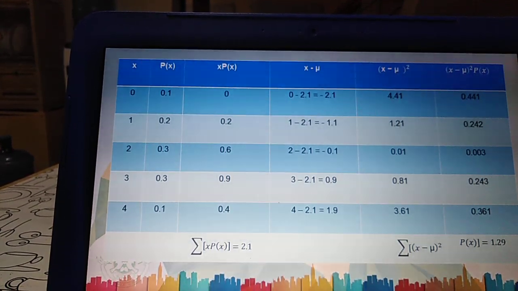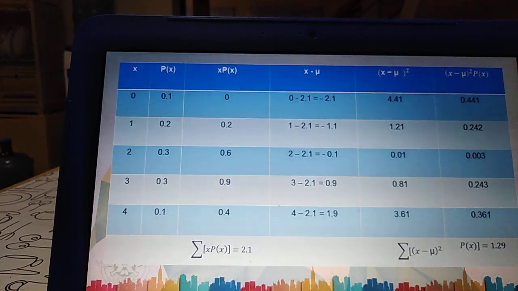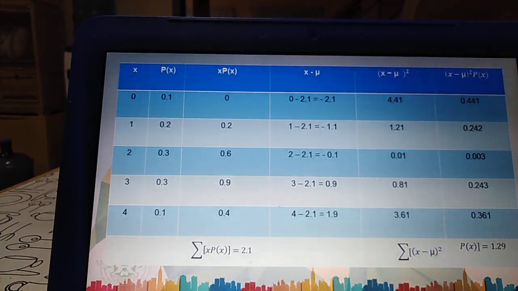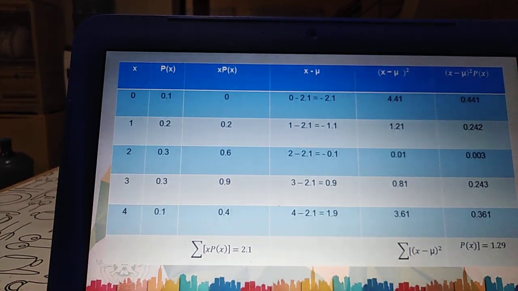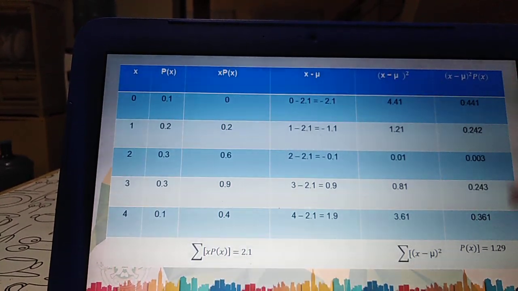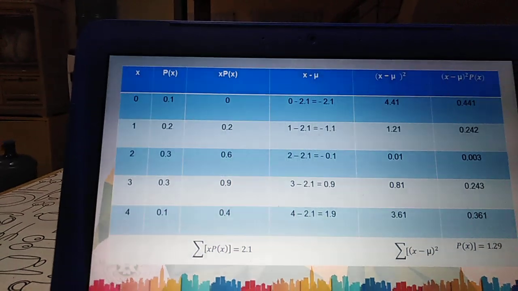And lastly, 3.61 times 0.1 will give you 0.361. Adding all of the last column, we get 1.29.